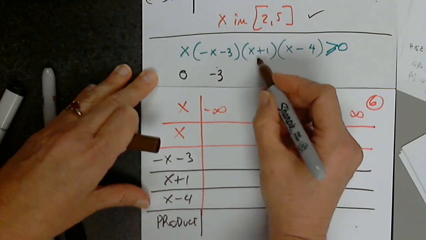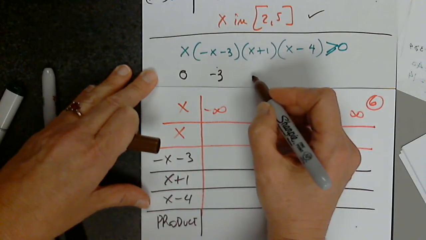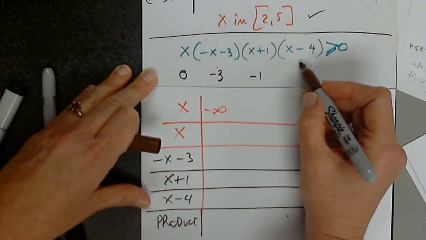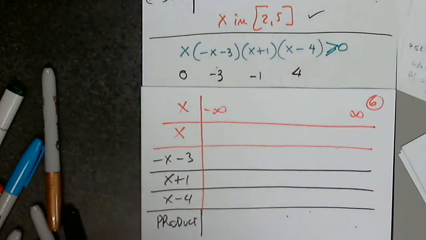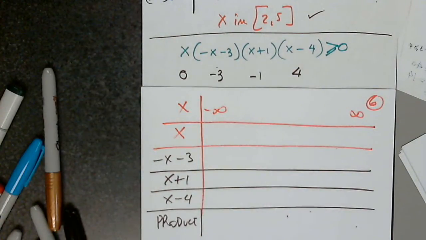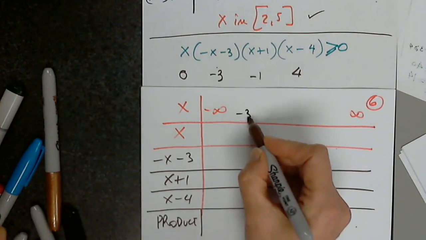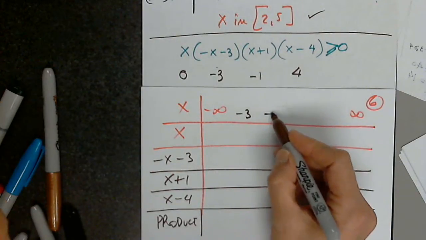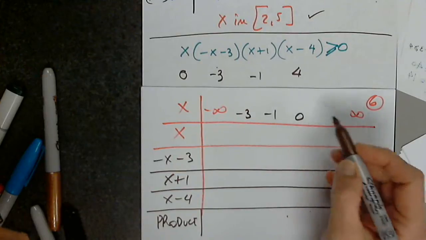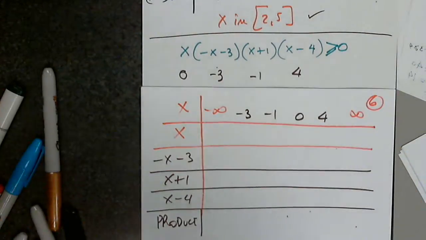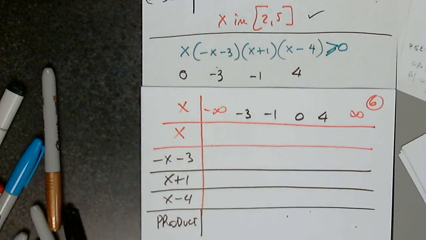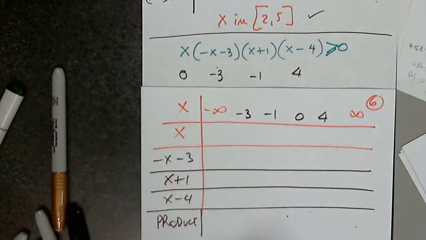Excellent. What is the 0 of this? Perfect. And what is the 0 of this? 4. So we have to put them in ascending order. What will be the first? Next. Next. Next. That's it.